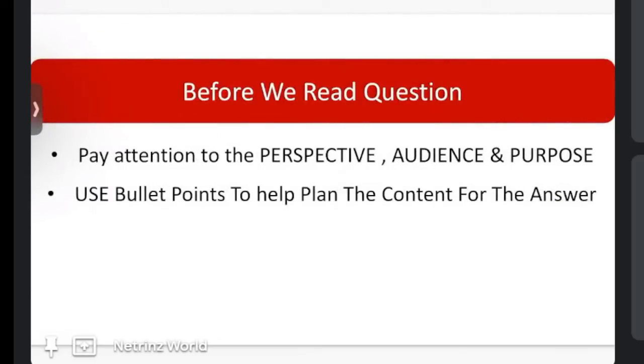Now, we are going to move to the question. Before you read the question, you have to take care of 2 important points. First, you will be highlighting the perspective from the question. You will be highlighting the audience you are addressing. And you will be highlighting the purpose of your question. 3 important things.